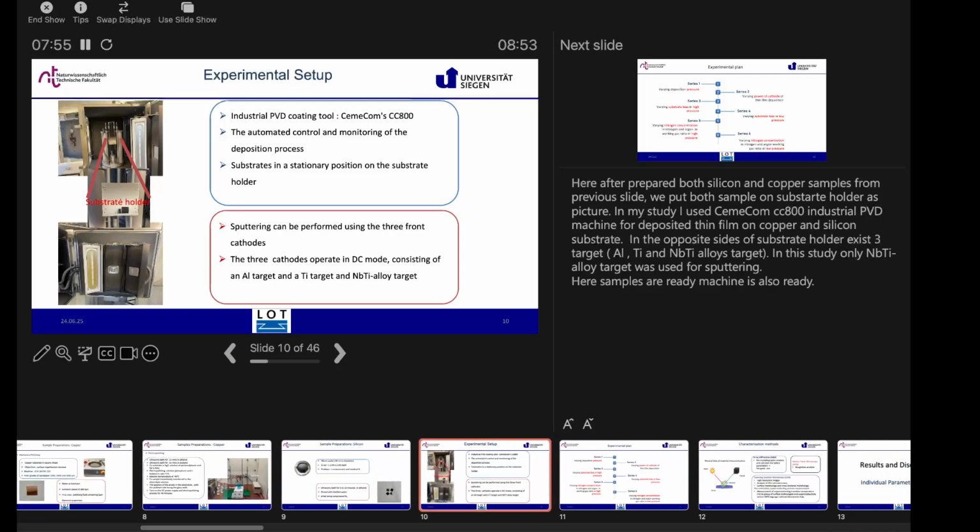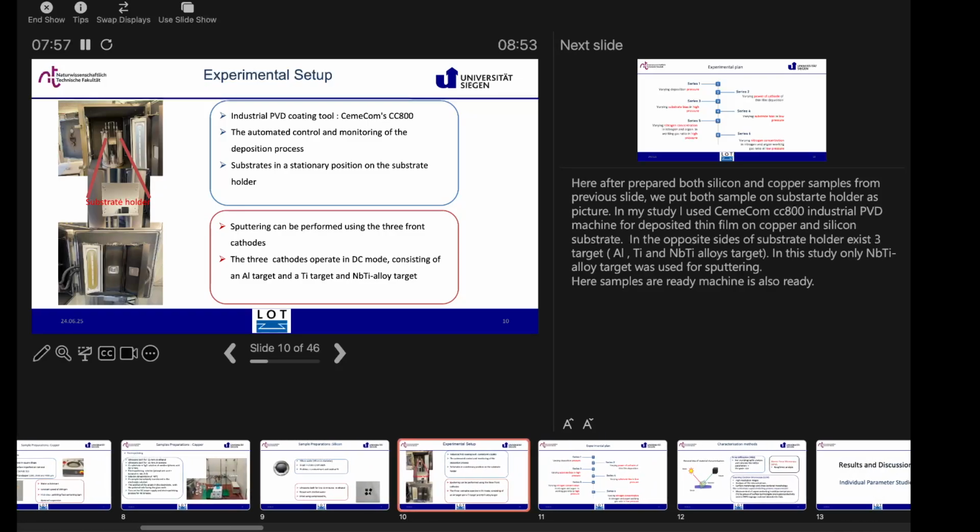Now both samples are ready, so we will put both of them into the Chemicon Industrial PVD Coating CC800. For this PVD coating system, we have control, and we can monitor the deposition process in real time. On the left-hand side, in the middle, you see the substrate holder, where we will put all our copper and silicon.